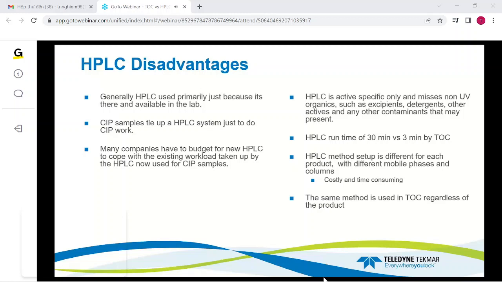But in TOC, you're getting a single rep done in 3 minutes. HPLC does require a lot of analytical knowledge to set up the method parameters, but it's also a very good tool. The same method is used in TOC regardless of the product. You're going to utilize one pharmaceutical method in the TOC system, and it's going to provide you the results.